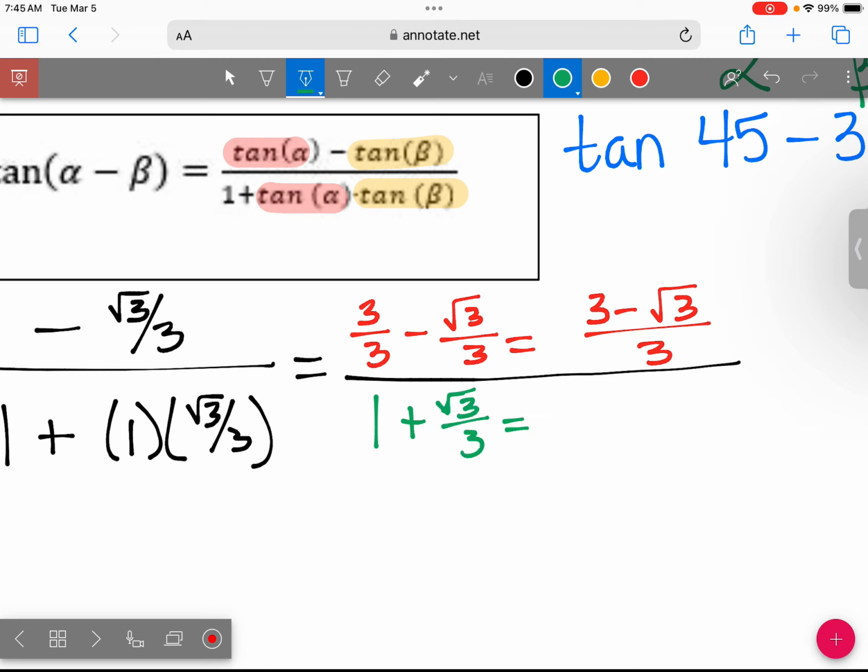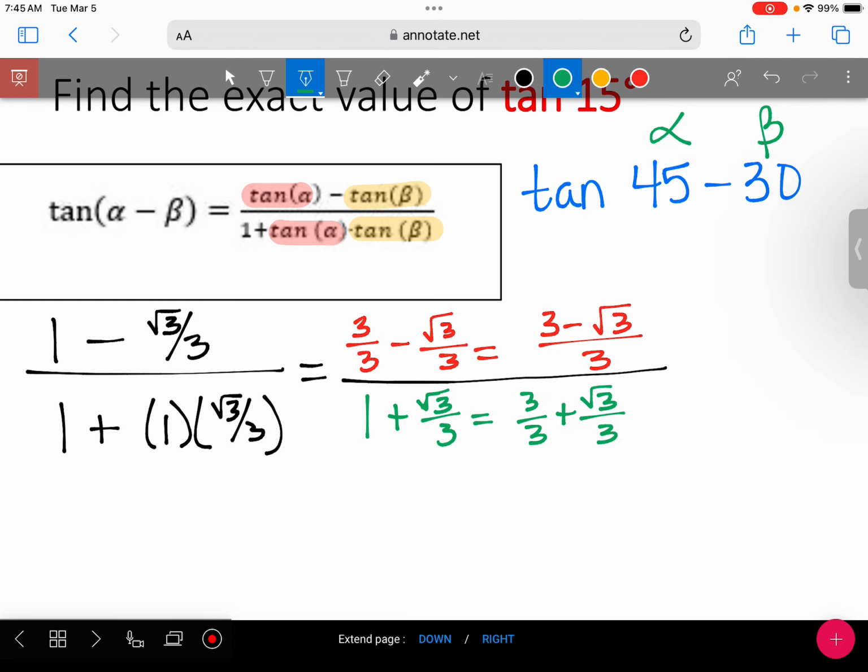But again, I can't add these right now because that's a 1, and I need to rewrite the 1 as what? 3 over 3. Which is going to give me 3 plus root 3 over 3.